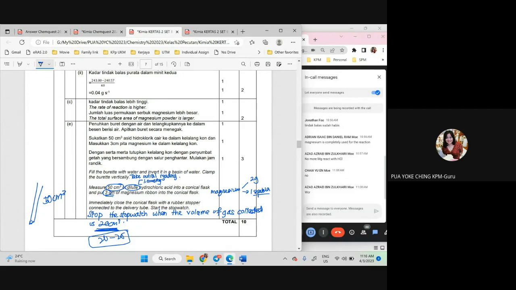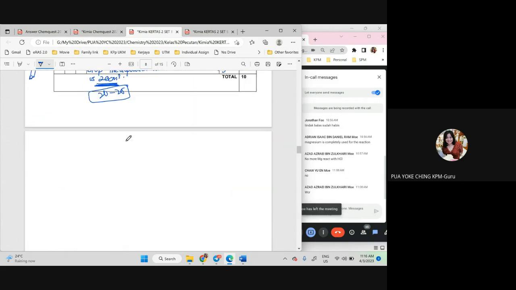Satu lagi ialah you take the reading. Okay, ambil reading setiap 30 saat until the reaction is stopped pun boleh. So that one is the kaedah lah. So untuk chapter 7, rate of reaction, kena ingat kita ada 5 faktor.